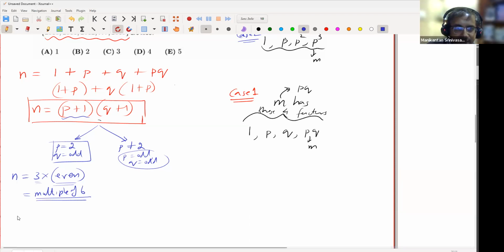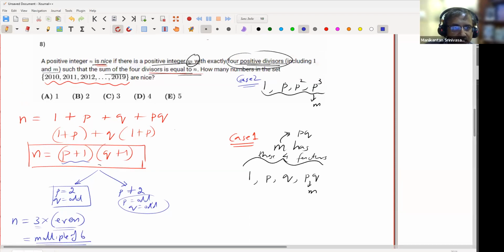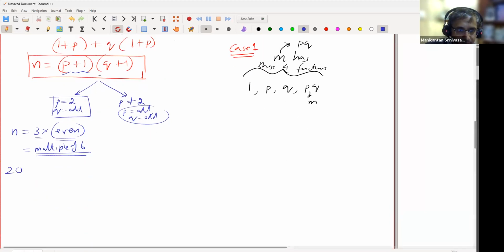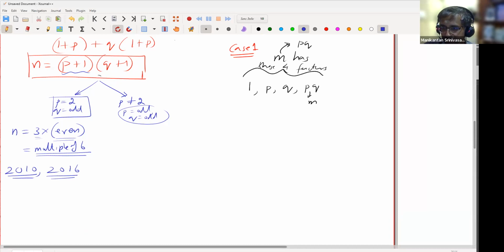Now, in this section, what are the multiples of 6? 2010, straight away we can say it's a multiple of 3, since 2 plus 1 is 3, and then it's even, so it's a multiple of 6 for sure. The next one in the group is 2016. These are the only two multiples of 6 here.